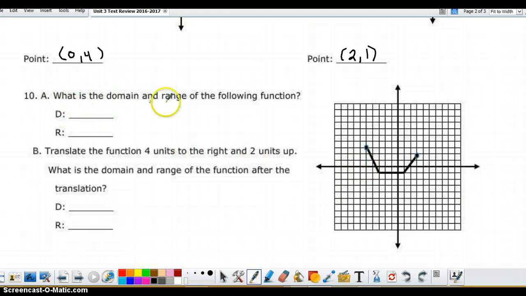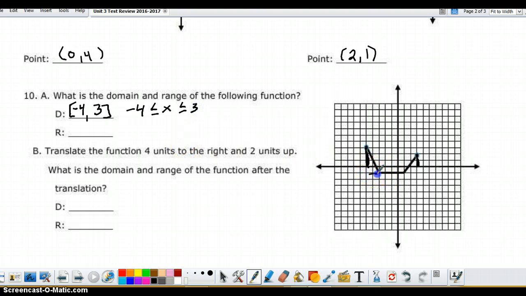All right, so what is the domain and range of the following function? So the domain, this one here on the left is negative 1, 2, 3, 4. So you could write this 2 different ways, and I'll write them both. So negative 4 over to here, which is 1, 2, 3, which is also written like this.